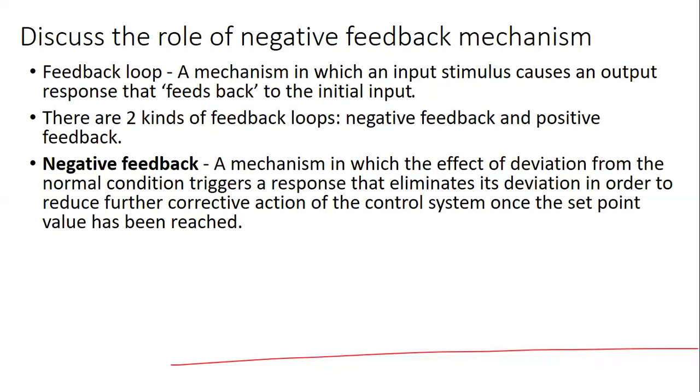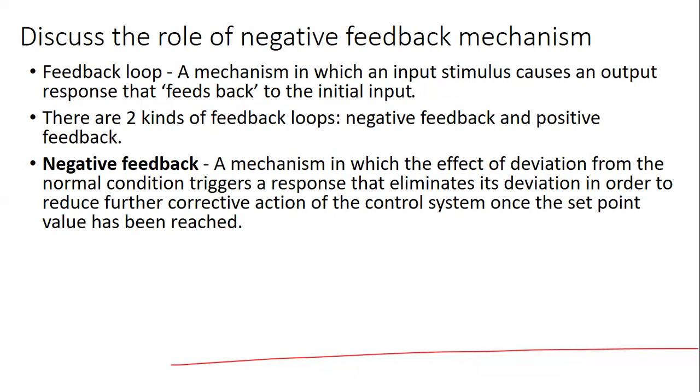Now, if we keep drawing more and more glucose out of the system and it falls below 90, then we must put in another mechanism, because now we have gone below the set point. So when we reach 90, the process of glycogenesis will stop, because we don't need to reduce the sugar levels any further.